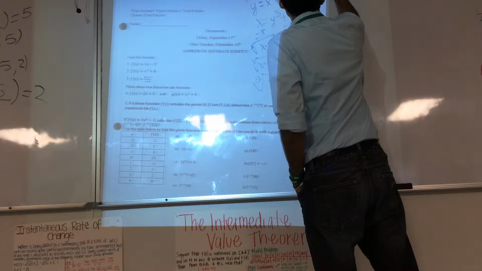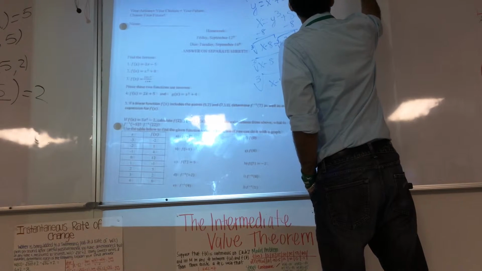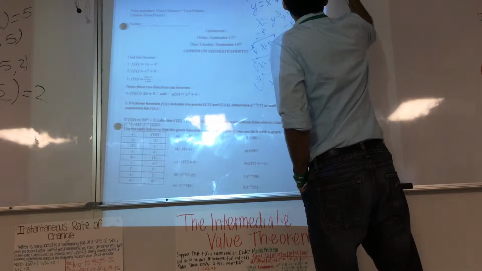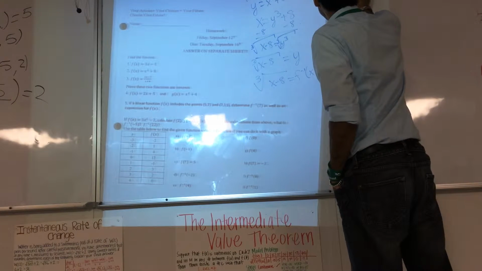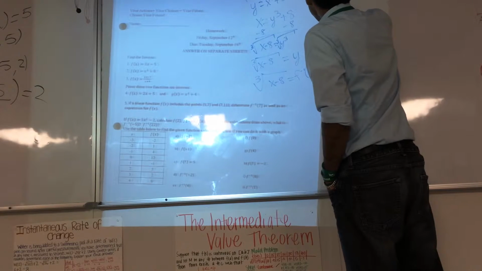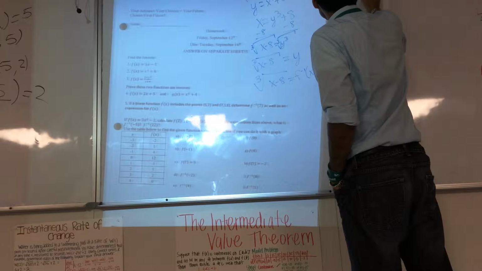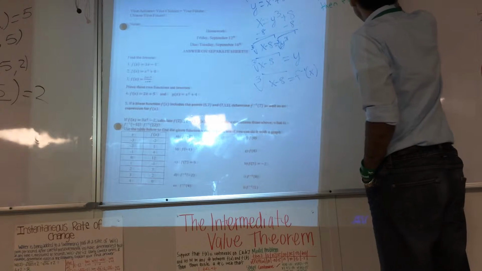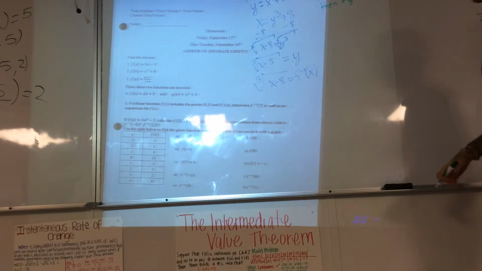So if f of x and g of x are inverses, then f of g of x equals g of f of x, which both of them equal x.